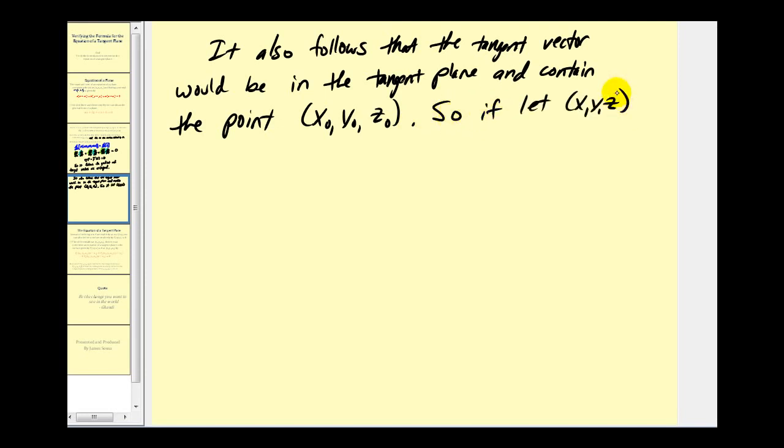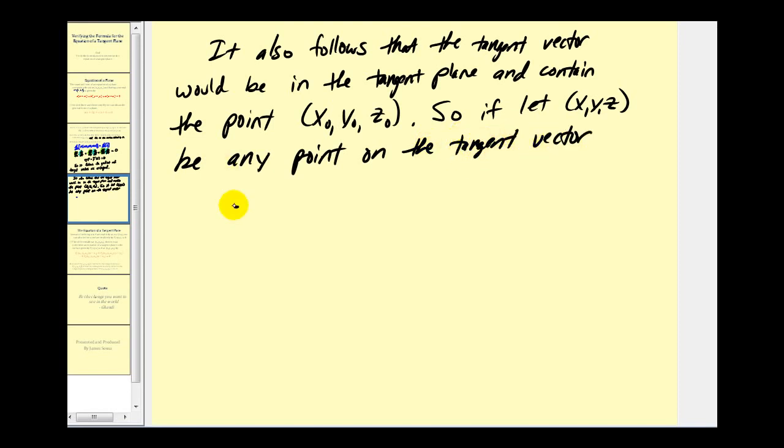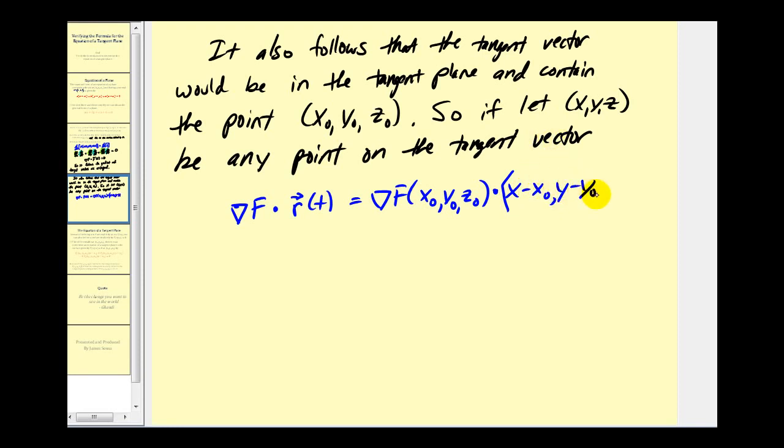So if we let x, y, z be any point on the tangent plane, we could rewrite the equation we had before: the gradient of F at the point x sub 0, y sub 0, z sub 0, dotted with the vector with x component x minus x sub 0, y component y minus y sub 0, and z component z minus z sub 0 must equal 0.